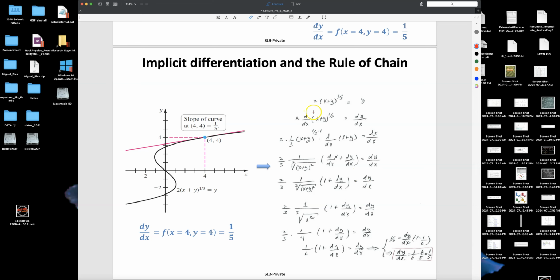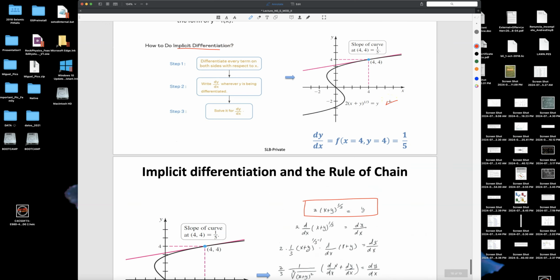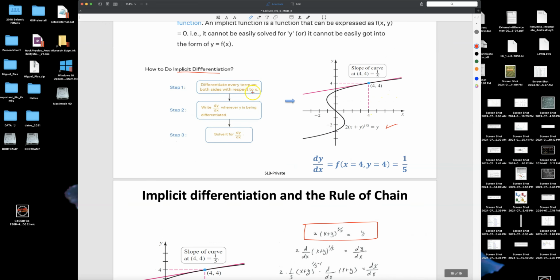Okay, so we have the mathematical expression that in this case is an equation, is this one. Well, step 1, what they say is, take the derivative of both sides of the equality sign with respect to the independent variable, in this case x.